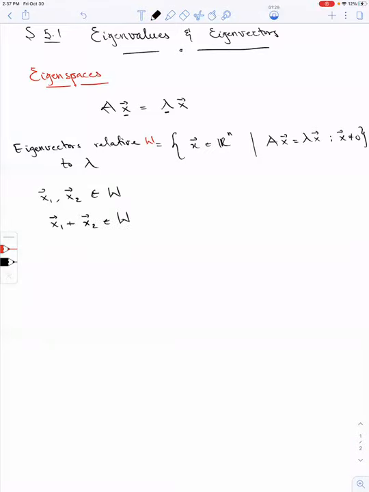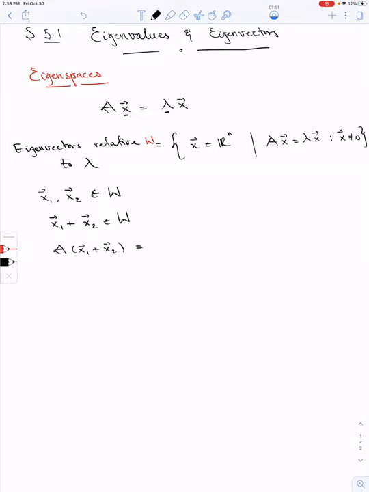As in, if I take two eigenvectors and add them, would they still be an eigenvector? Well, the only way to find out is to multiply this by A and determine whether or not you'll get some lambda multiplying this.